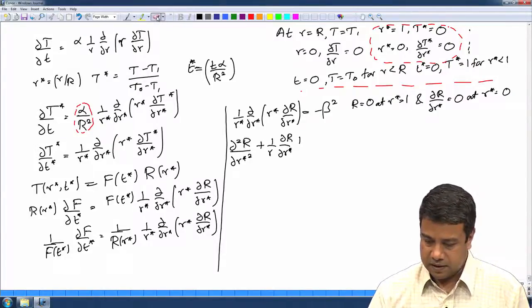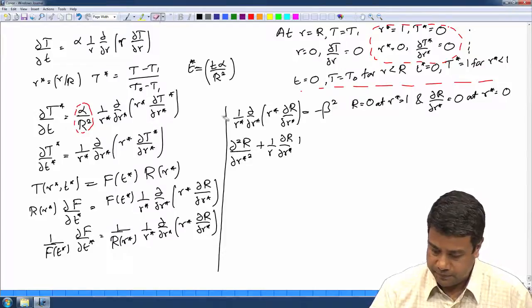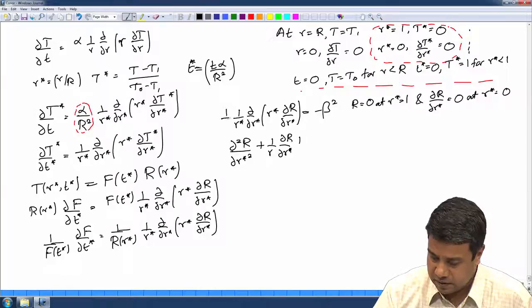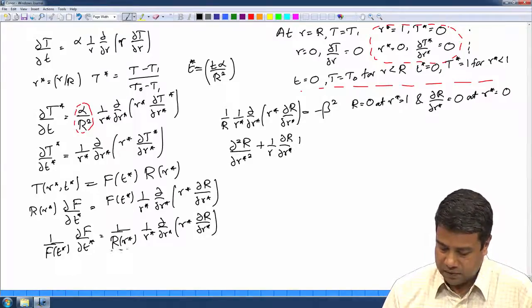What I will get is d square R by d r star square plus, I am sorry, I made a mistake here, kindly note. I should have a 1 over r. That 1 over r comes out of this term here.